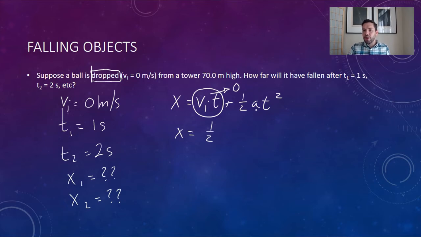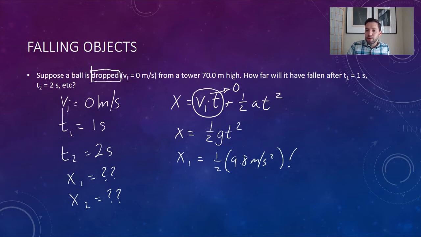Now, this acceleration, we know it's falling under the acceleration due to gravity. So we know that this is 9.8. So we can actually just write g. So if we're solving for x1, the distance at time 1, this would be 1/2 times 9.8 meters per second squared times 1 second squared.